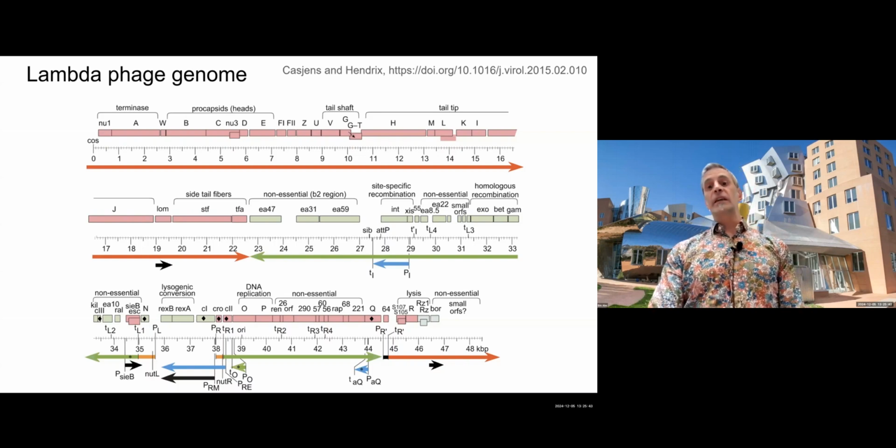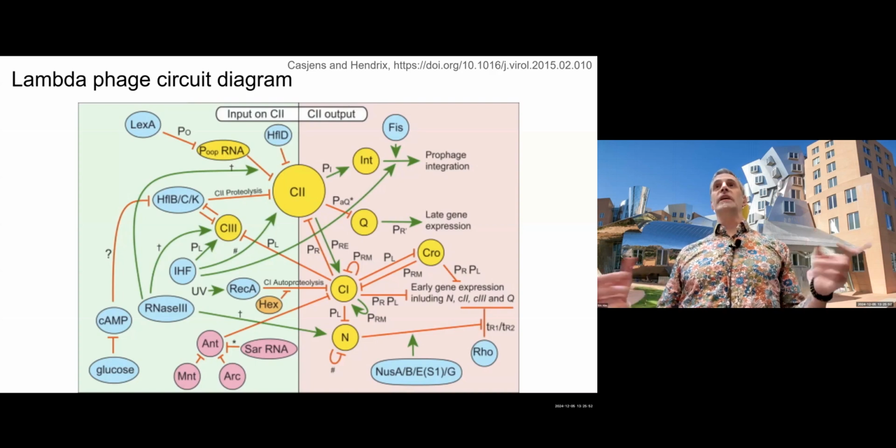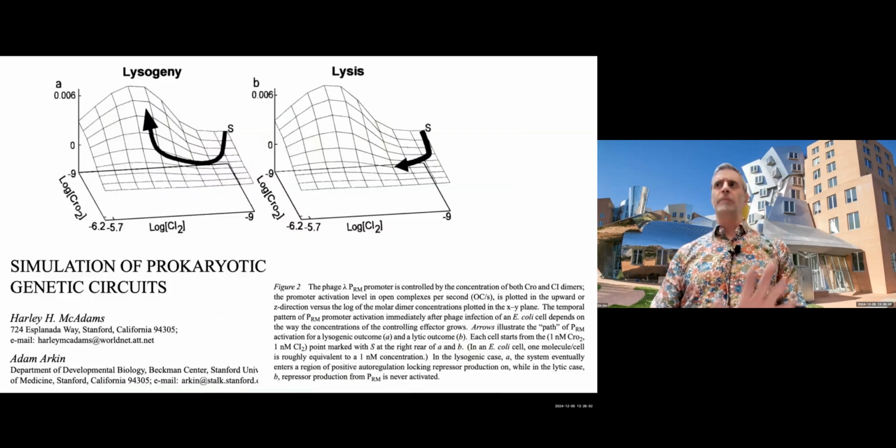So the exciting thing that had happened was, people had built these diagrams of what the internal logic was based on how these different genes interacted with each other. And what my advisor, Adam Arkin, had done is he has a number of papers kind of analyzing the system.